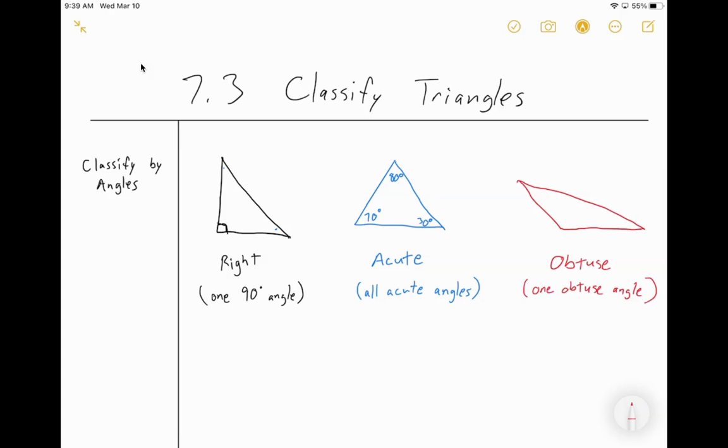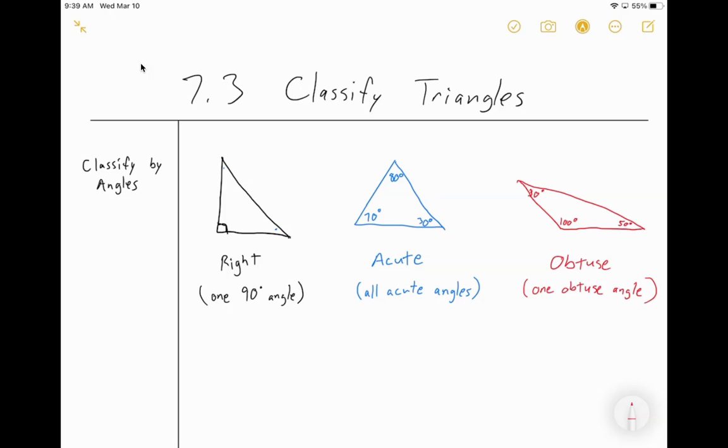You can't have two obtuse angles. So, for example, on this one, again, we'll make it easier on ourselves. We'll say this is 100 degrees. We'll say this is 50 degrees. So again, that makes this one 30 degrees. So again, two of the angles are acute but it has one obtuse angle, one angle that is bigger than 90 degrees.